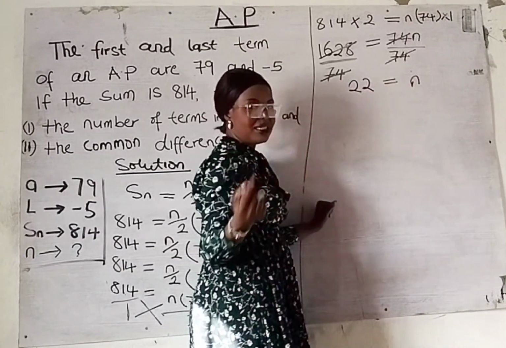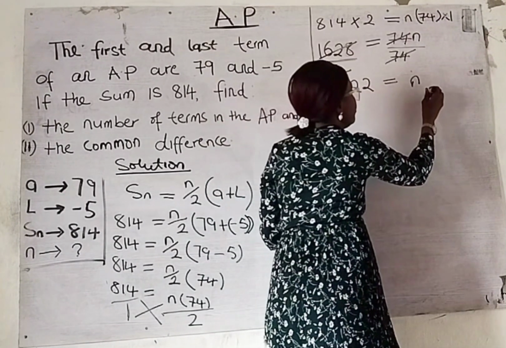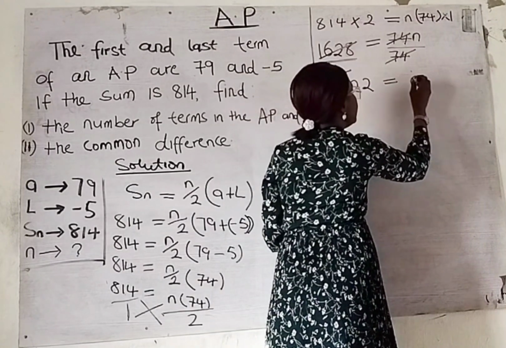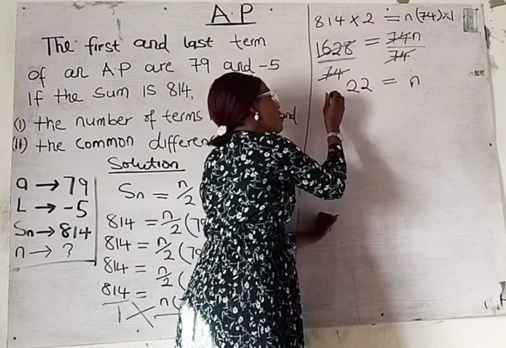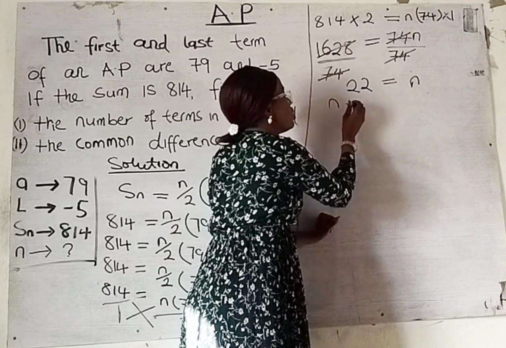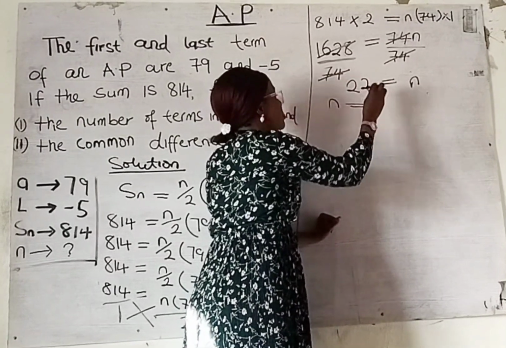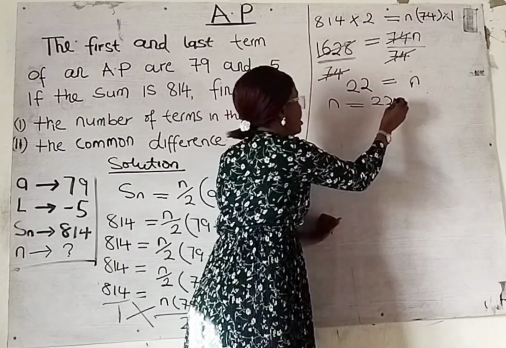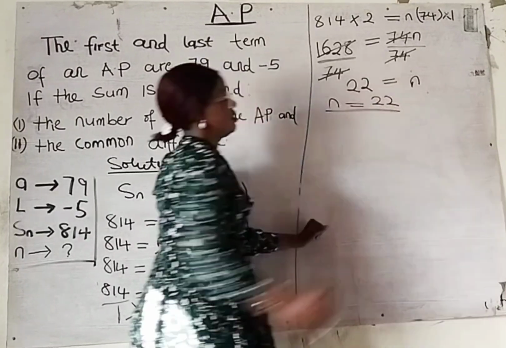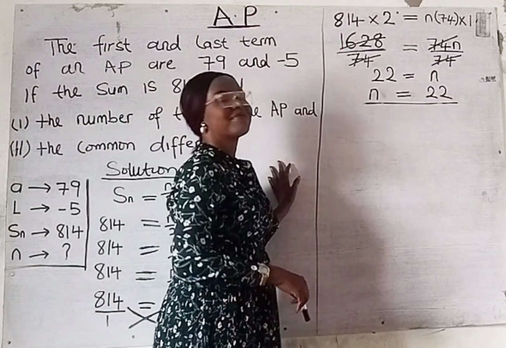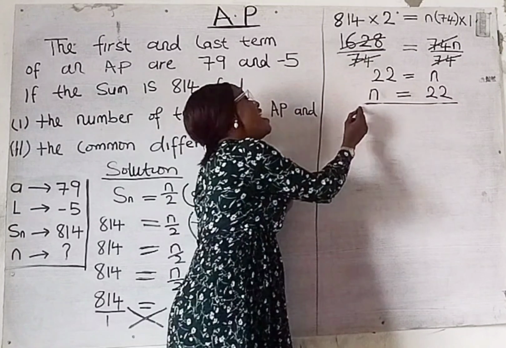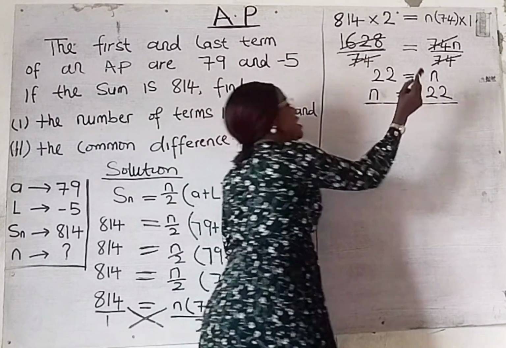I want to write it out like that. This n is equals to 22. Yes. So our n is equals to 22.